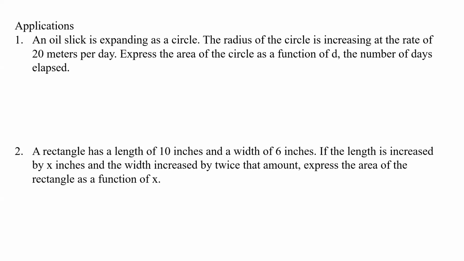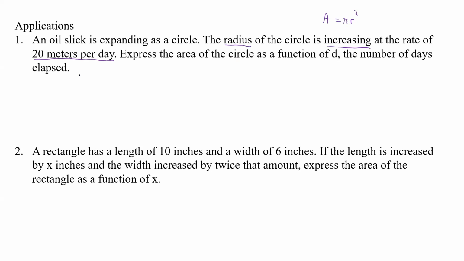Well, what do we know about a circle? We need to know the area is equal to pi r squared, okay? And we know the radius is increasing by 20 meters per day.